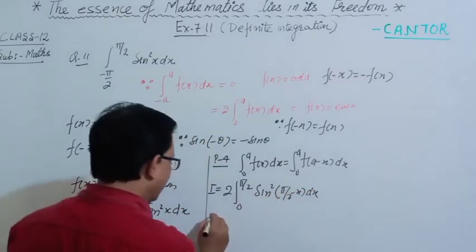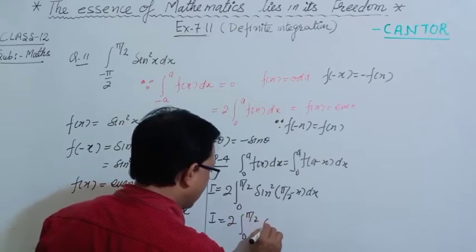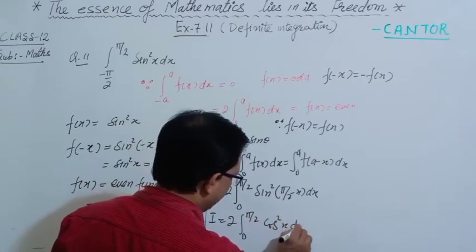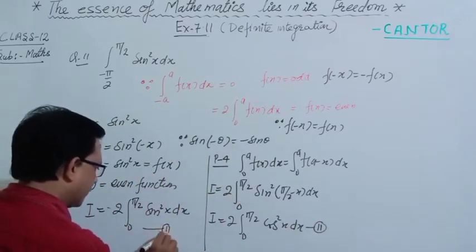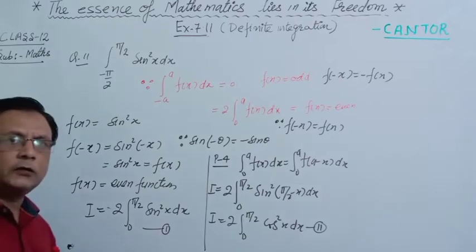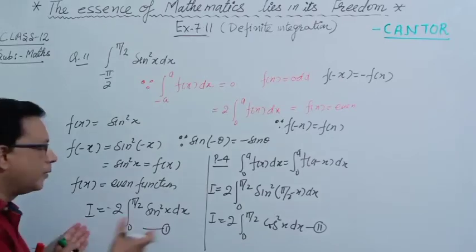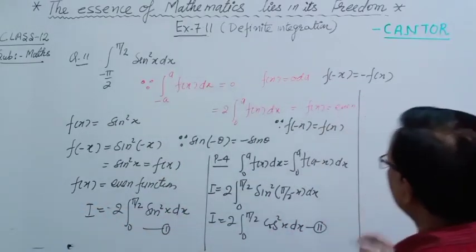And student, sine square (pi by 2 minus x) becomes cos square x. This is your second and this is your first equation. Now after applying the property, as I told you, we add both the equations. So let's add these two equations.